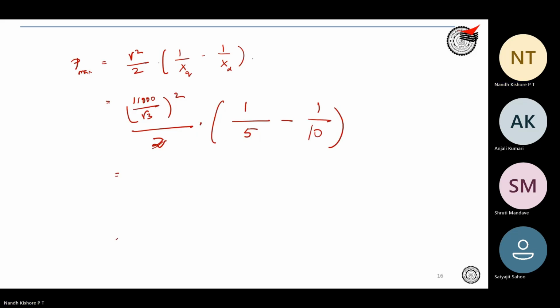So how much do we get? We are getting around 2016 kilowatt.